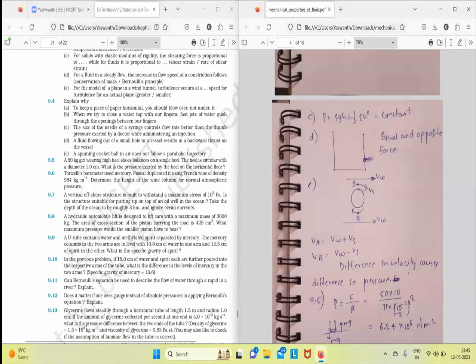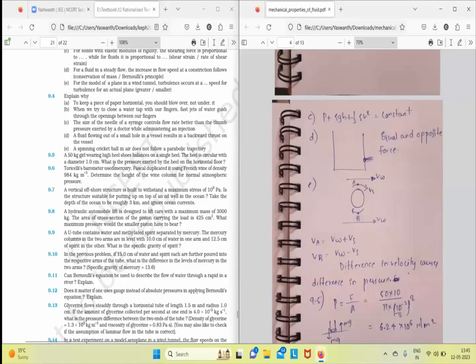So the next part will be: a spinning cricket ball in air does not follow a parabolic trajectory. Suppose you take some stone and throw it in the air, it follows a parabolic trajectory and falls on the ground. But if you watch cricket regularly, in the case of spin bowling, the bowlers will throw a ball, but it doesn't follow a parabolic trajectory. Why?